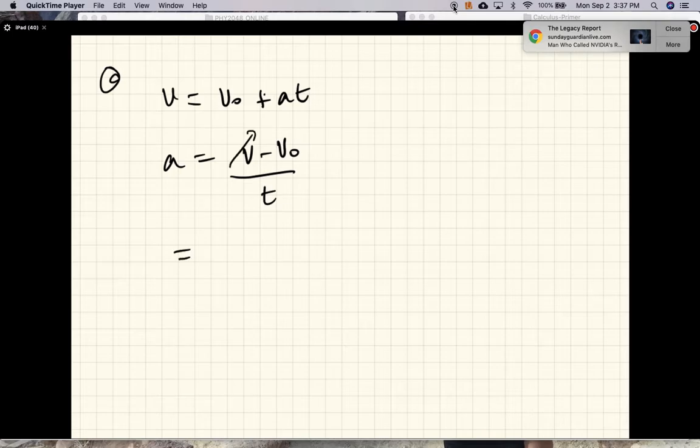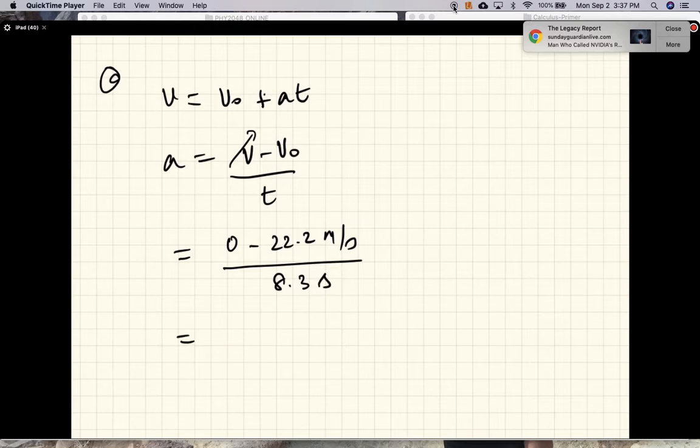So again, we'll use the same equation. V minus V0 is, again, this is 0, you're stopping, so 0 minus 22.2 meters per second divided by 8.3 seconds.